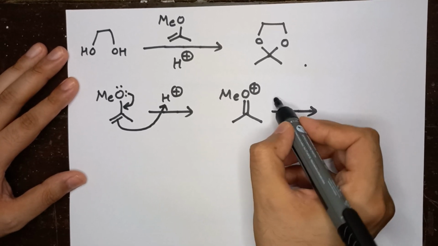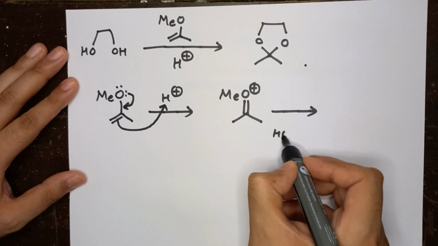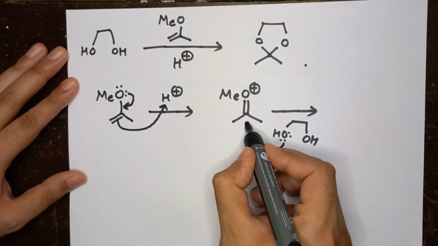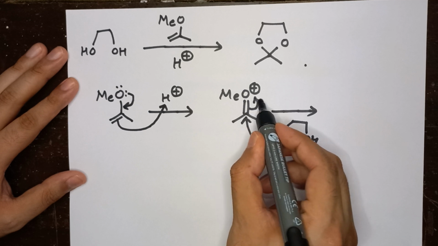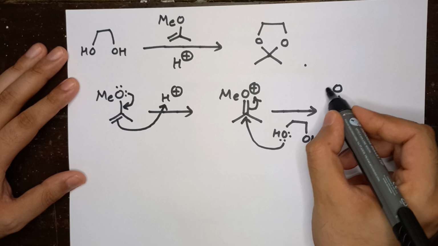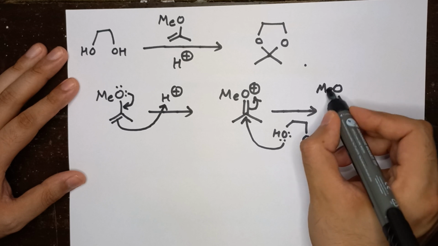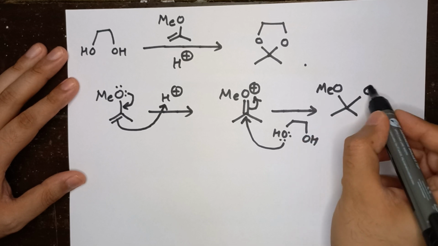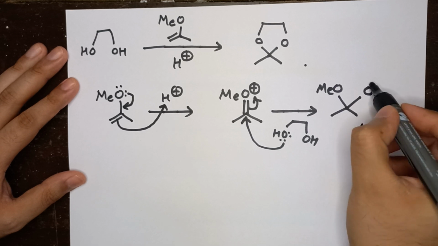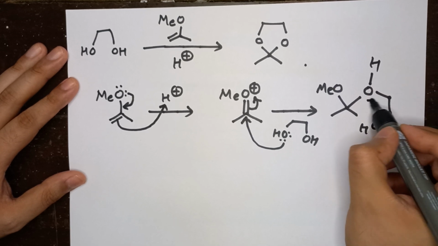In next step, diol will come. This oxygen lone pairs will attack at this carbon, neutralizing oxygen. So we will have OMe, oxygen, CH2CH2OH, and this is a cationic species.